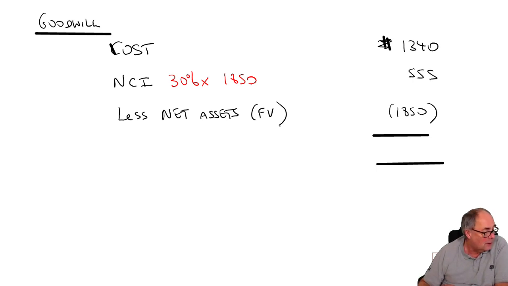So the goodwill drops out at 45. So I've dealt with the first part of the question, calculate goodwill. Keep pausing the recording so you can have a go at the next part before I talk through.